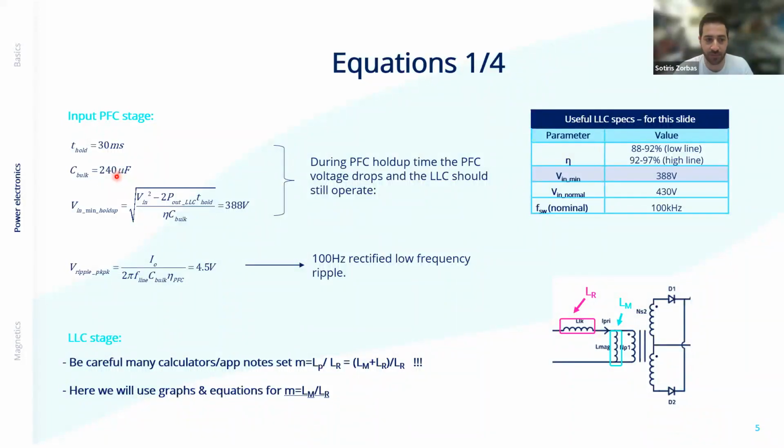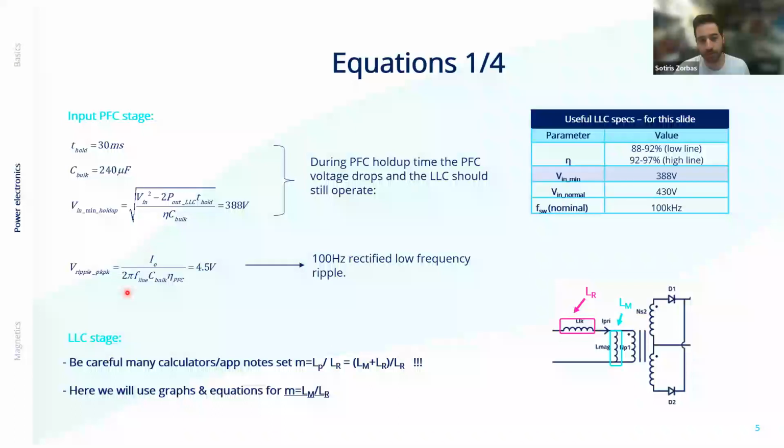So the bulk capacitance of the PFC is going to dictate how fast the voltage of the PFC is dropping. From 430 volts, with this capacitor, it's dropping down to 388 volts in a brownout condition. So we have one number here.